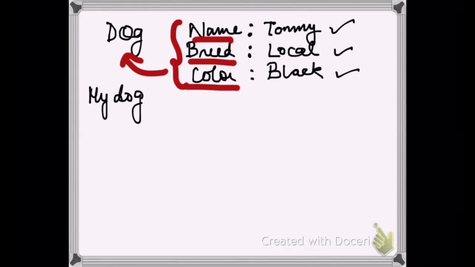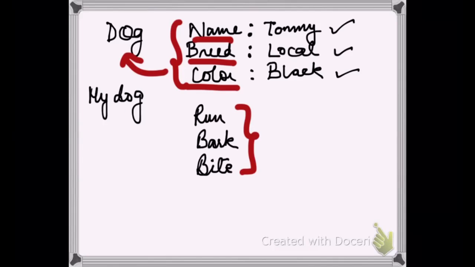Along with these, my dog can also perform some actions. Say for example, my dog can run, my dog can bark, and maybe my dog can bite. So these three that you see, these describe what?